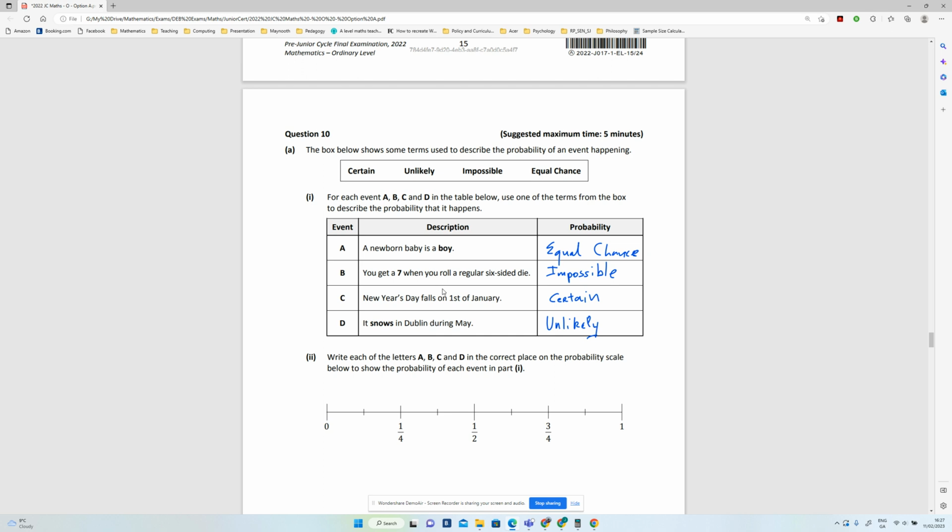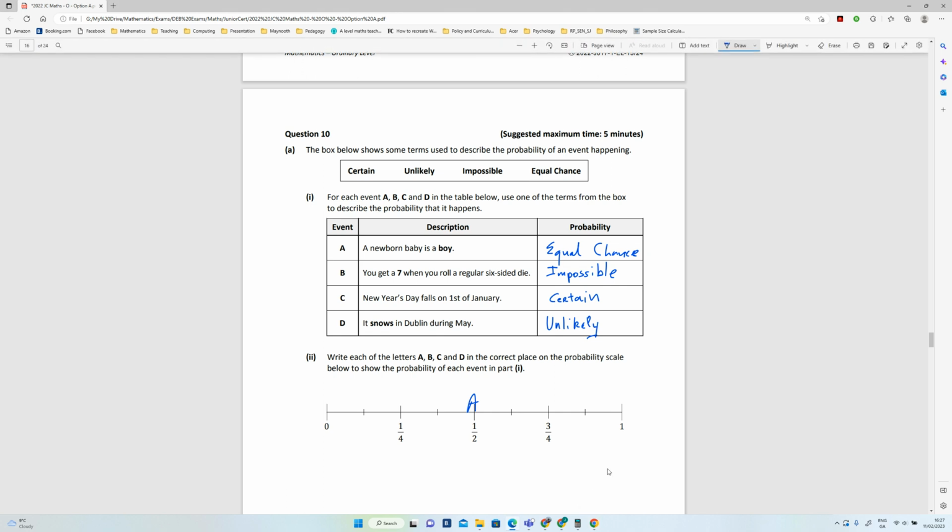And then write each of the labels A, B, C, D in the correct location here. So the equal chance is 50-50, which is here. B, you get a 7, so this is impossible. So that will mean this will be over here.